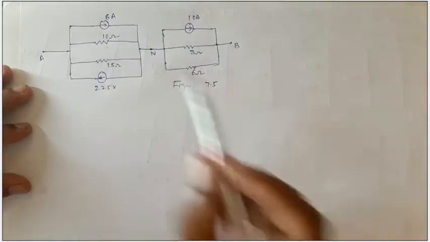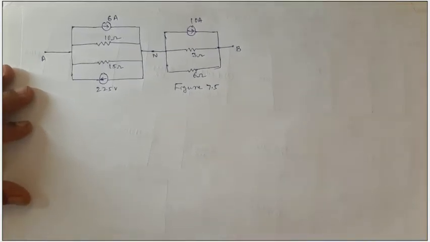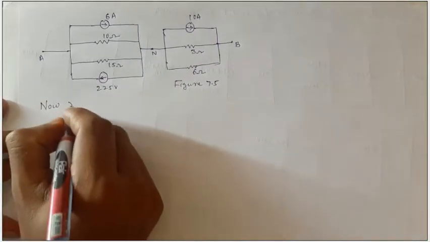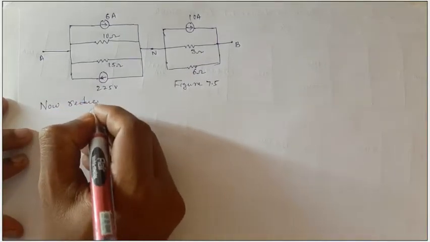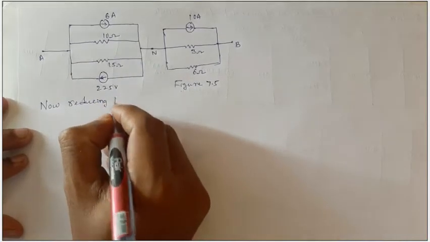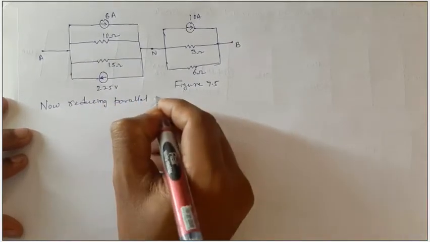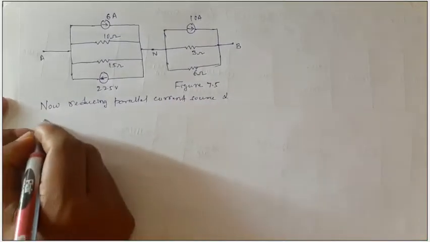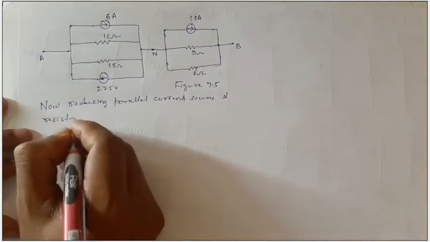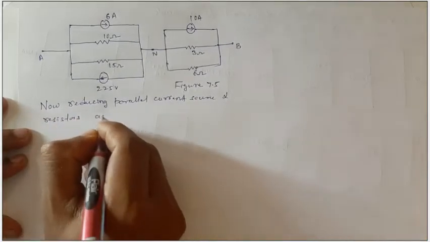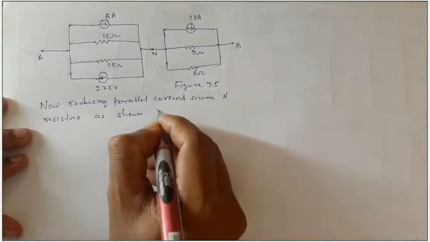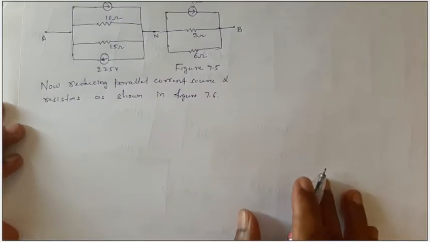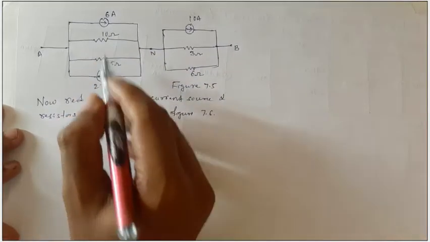If you want, you can even write it properly: now reducing parallel current sources and resistors as shown in the circuit of figure 7.6. So dear students, these two current sources are in parallel.